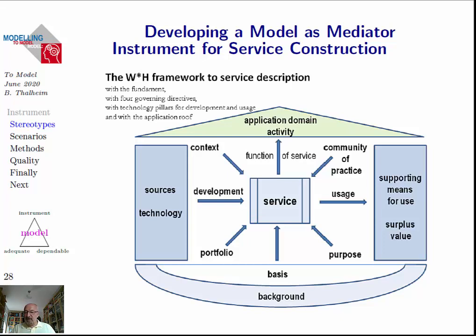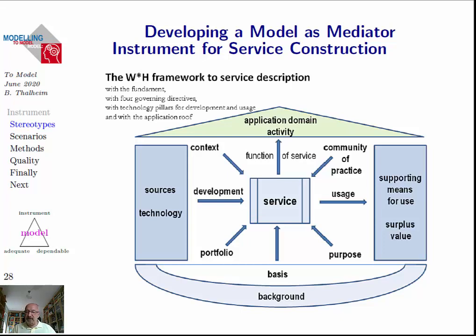We have a portfolio for the service as the origin, and we have some kind of context and maybe also a community of practice. That means in this case we could apply the W*H framework for service description. Let's think that we have described our service in this way.